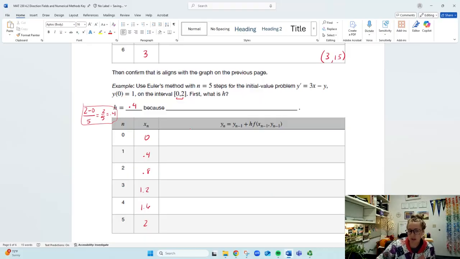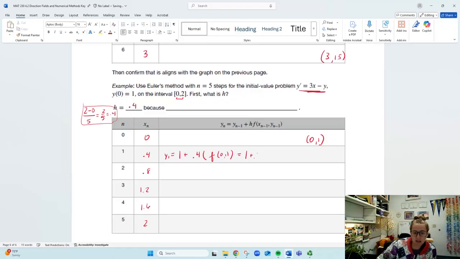So let's just do the first one together, and then we can look at these points over here. I'm starting out with the point 0, 1. So my y sub 1, my first point, is going to be the y value before it, which was 1 coming from here, plus my h value, which was 0.4, and then I'm going to multiply that by whatever I get when I plug 0, 1 into this function up here.